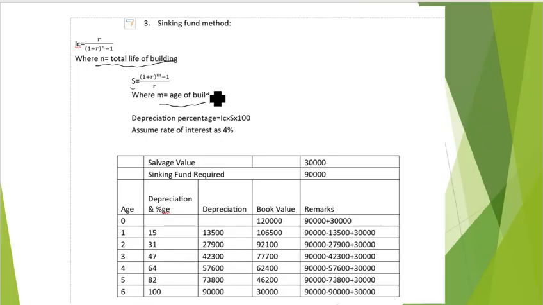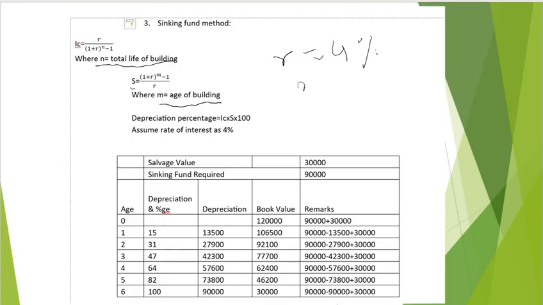So let us assume R equals 4%. If you put 4% in this formula, IC will remain the same for all the years, whether it is 0, 1, 2, 3, 4, 5, 6. But S will go on changing.